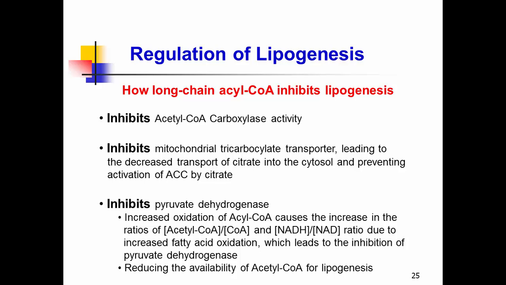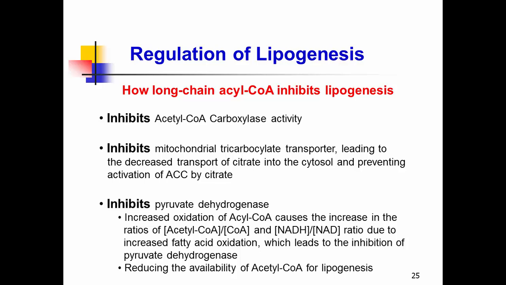And what happens if the tricarboxylate transporter is inhibited? If this transporter is not functioning, what happens to citrate movement? You have less citrate movement from mitochondria to cytosol, right? Because citrate movement requires this transporter exchange, working together with the citrate shuttle.